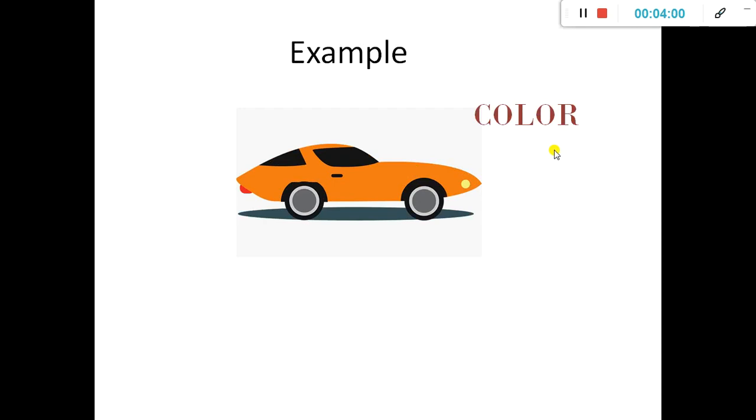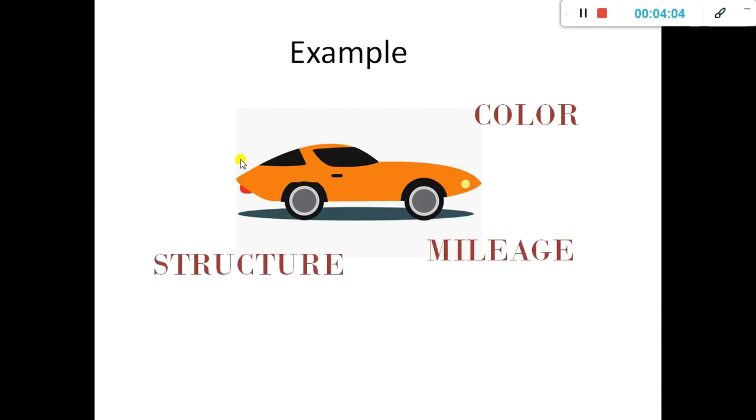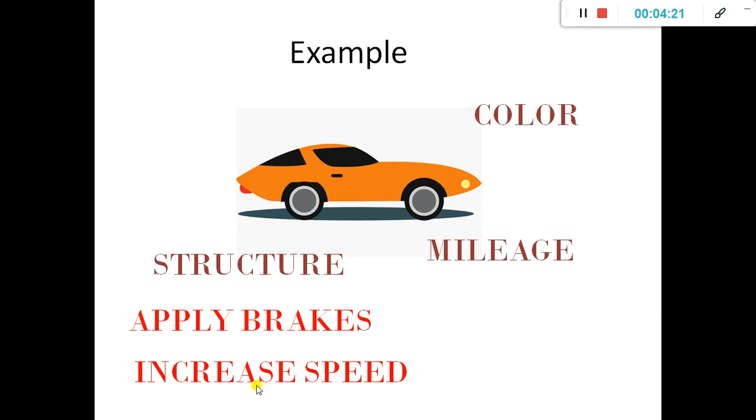For example, it has color, it has mileage, it has a structure. Every car has a particular structure. These are nothing but a set of properties related to the car. And what functionalities can it do? It can apply brakes and it can increase the speed.